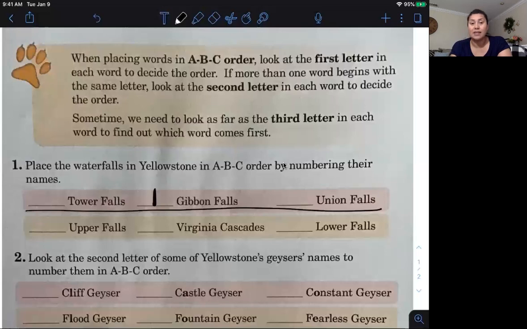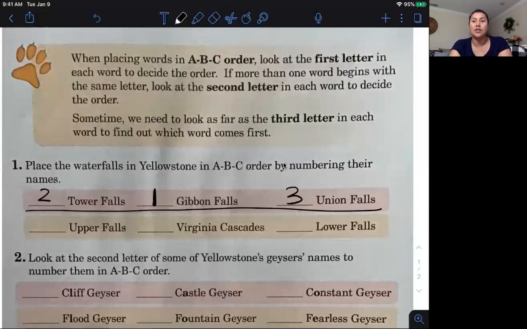Then what comes next? From G, T, then U. So T and then U. Very good. Okay, let's look at the next one. Upper Falls, Virginia Cascades, or Lower Falls?